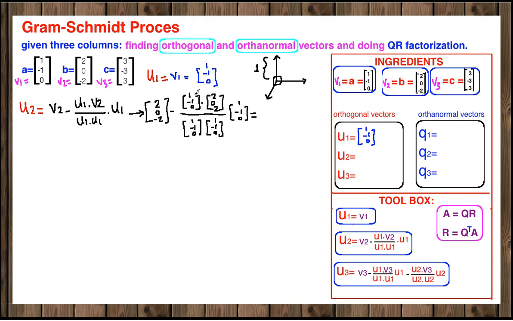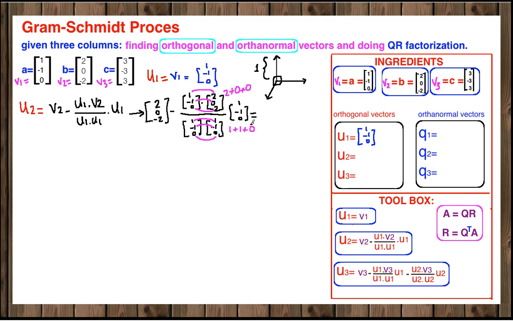So let's do the dot product here on the side. 1 times 2 is 2, plus -1 times 0 is 0, plus 0 times 2 is 0. So we find here 2, we're going to place it. 1 times 1 is 1, plus -1 times -1 is +1, plus 0 times 0 is 0. So we find 2 on the numerator, and we find 2 on the denominator, so division will be 1.